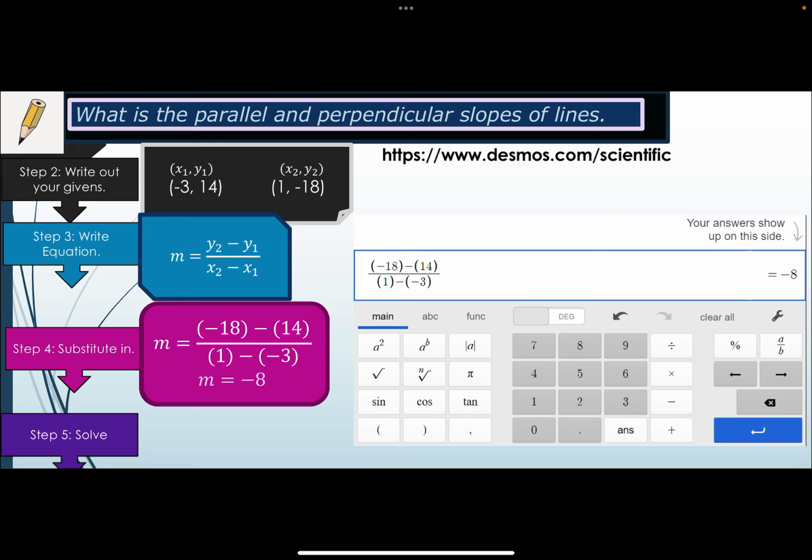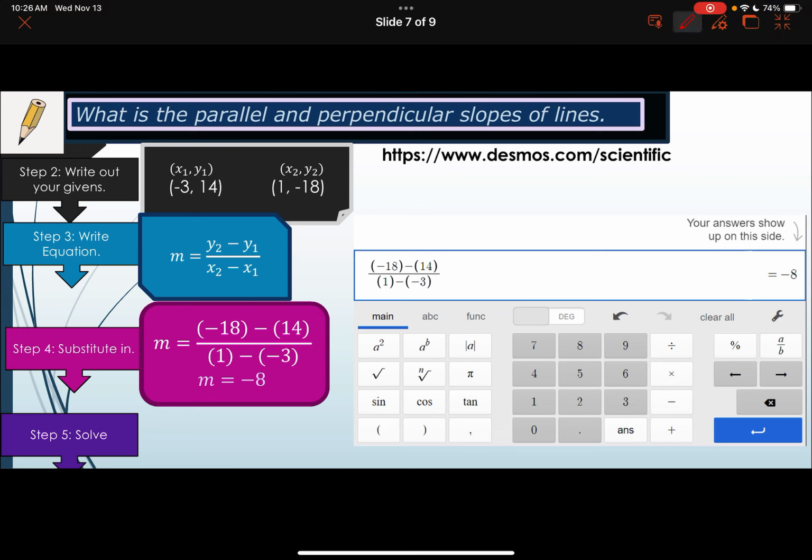I flip the fraction. I can treat it just like it was over 1. So then 1 comes up, the 8 goes down. So it'll be 1/8 for perpendicular. Okay, so whenever you have a whole number, put it over 1, 1 goes at the top.